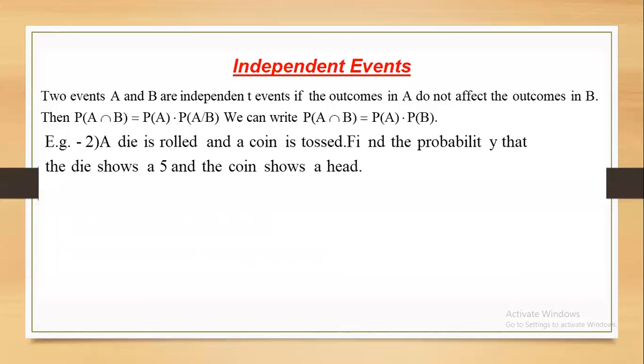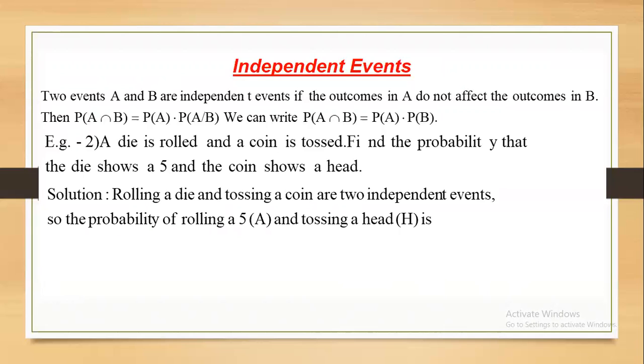Okay, let's solve here a question. A die is rolled and a coin is tossed. Find the probability that the die shows a 5 and the coin shows a head. So they are not related to each other, then it's called independent events. Here, rolling a die and tossing a coin are two independent events.